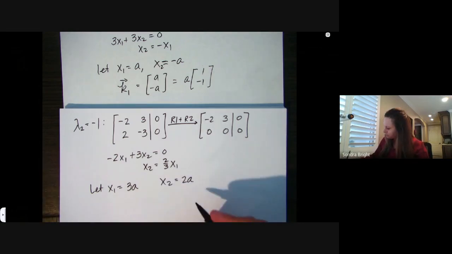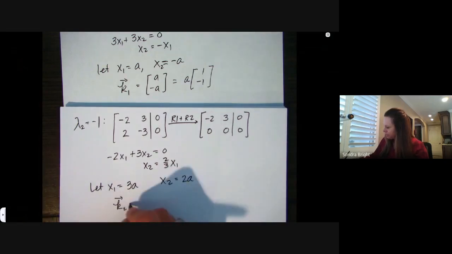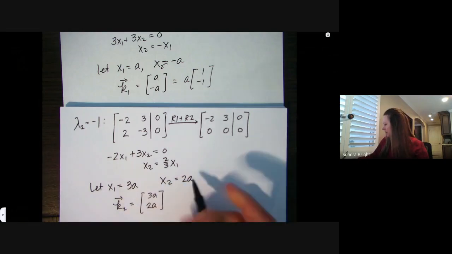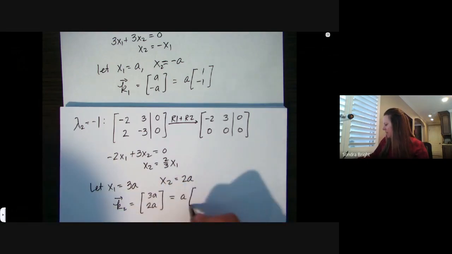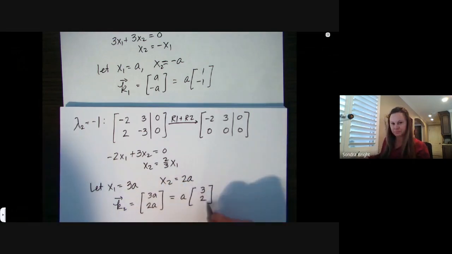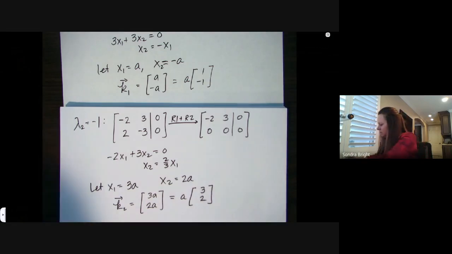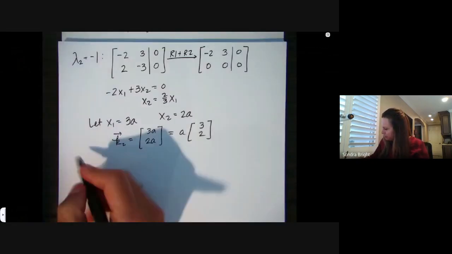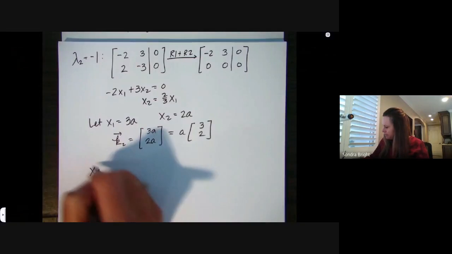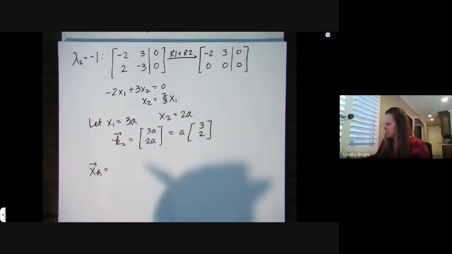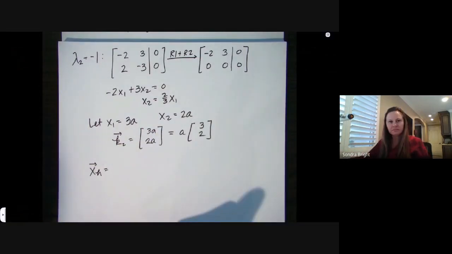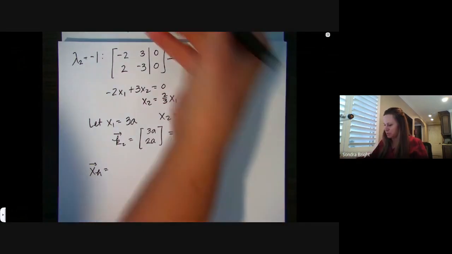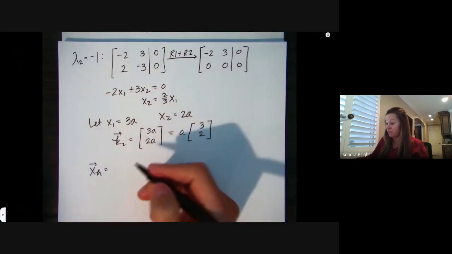And so that means your second eigenvector is 3a, 2a, and we always factored out the a and just left it with 3 and 2. And so our homogeneous solution is the linear combination of, okay, so my first eigenvalue was 4.